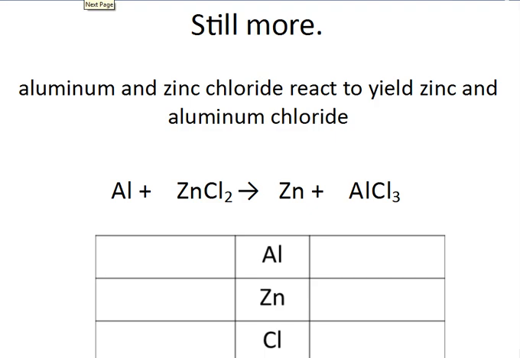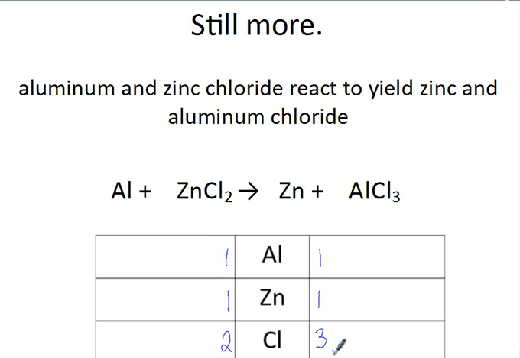Here's an aluminum with zinc chloride into zinc and aluminum chloride. Okay? Let's look on my left. 1 aluminum, 1 zinc, 2 chlorine. 1 aluminum, 1 zinc, 3 chlorine. In a situation like this, you can actually look at it and balance with a similar way of balancing charges.